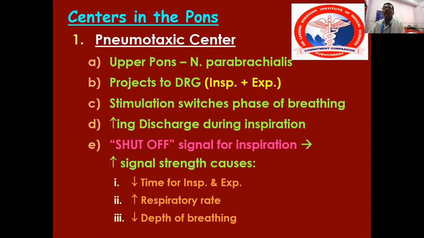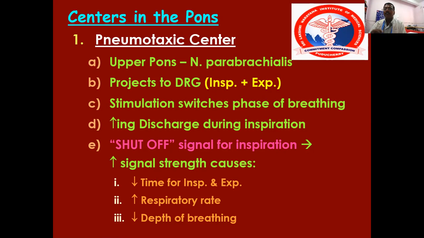Okay, centers in the pons. I already told that two centers are there in the pons, the pneumotaxic center and the apneustic center. The pneumotaxic center is located in the upper part of the pons, in the nucleus parabrachialis, and it projects to the dorsal respiratory group, which causes inspiration plus expiration.